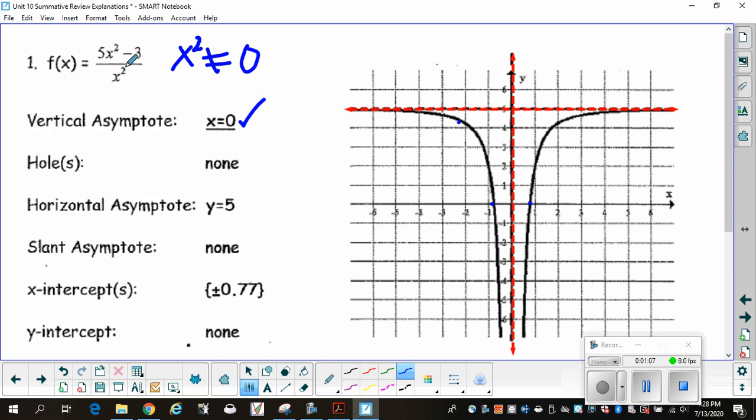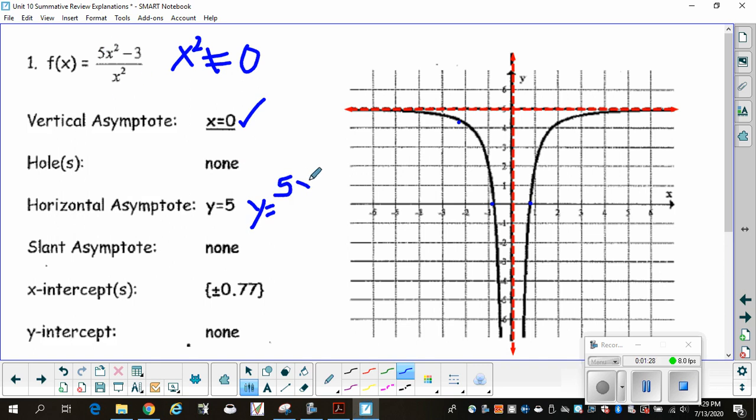Now, notice that I can't cancel anything. This x squared does not cancel with this x squared. So we're good there. That means there are no holes. Nothing cancels. Horizontal asymptote. I'm going to do y equals the lead coefficient over lead coefficient as long as the degrees are the same.